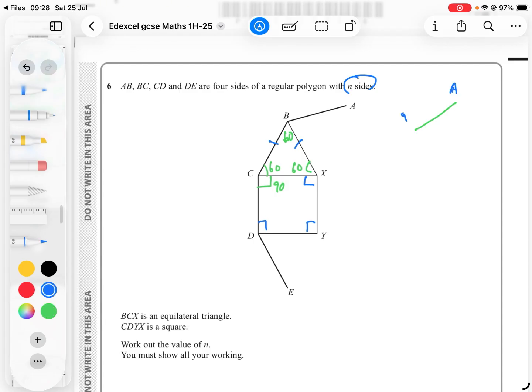So when you draw this again, A, B, C, D, sorry, I'll draw exactly.